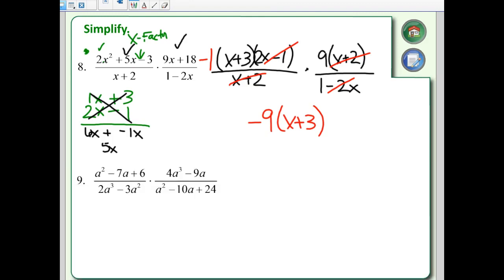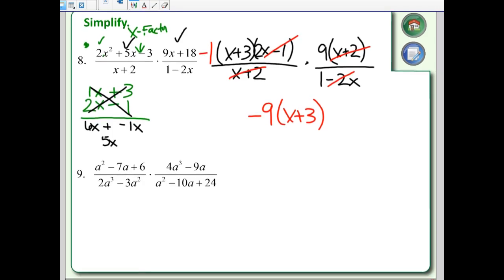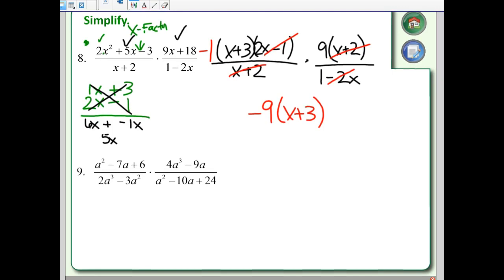Okay, let's let this be the last one we're going to do. We've got a lot of factoring going on again, all right? So I'm going to give you a few minutes, and I'm going to let you try factoring it on your own. Let's see what happens.